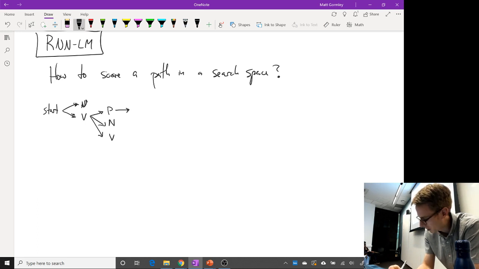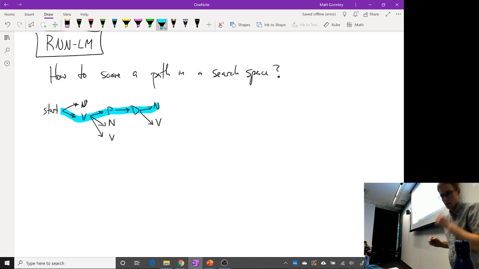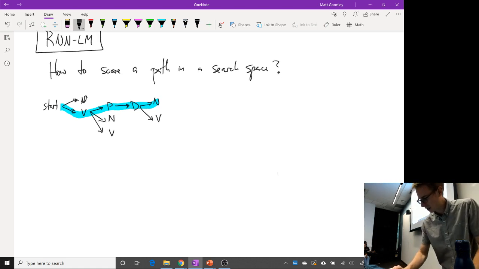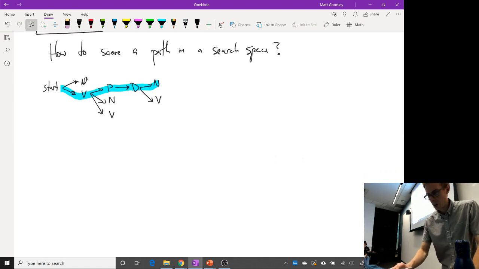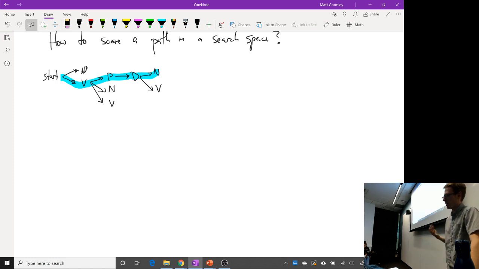And then from preposition, we can choose determiner. And then from determiner, we could choose noun or verb. Okay, and let's suppose that the path that we're interested in is this one. So the picture that we want to have in mind here is how an RNN-LM could actually score that particular path.